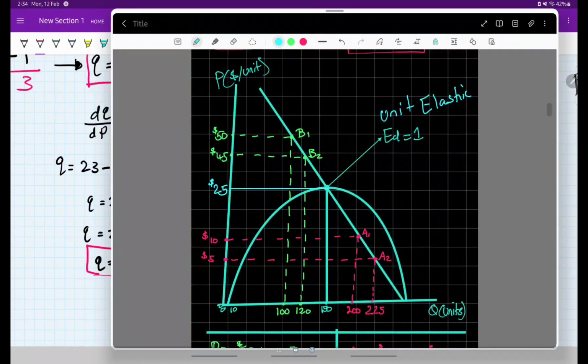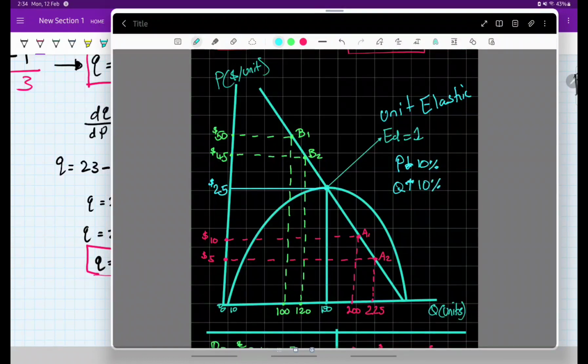And looking at it here further, this is not to scale, this is just made up numbers. You can see this graphed in terms of what happens to revenue and your price and your quantity. So starting off, you have your unit elastic is 1, which means whatever percentage change in price is the percentage change in quantity. If price goes down by 10%, your quantity demanded will rise by that same value.